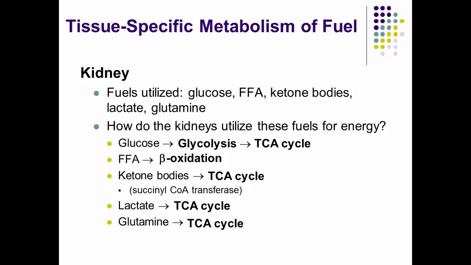Okay, now kidney. So kidney is also the tissue, the organ that can utilize almost all the different types of energy fuels for ATP production, like glucose, fatty acids, ketone bodies, lactate, and glutamine, right, can also be the energy fuel for kidney.